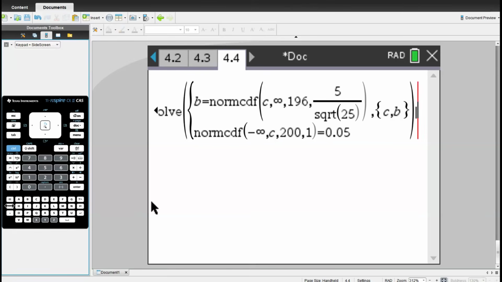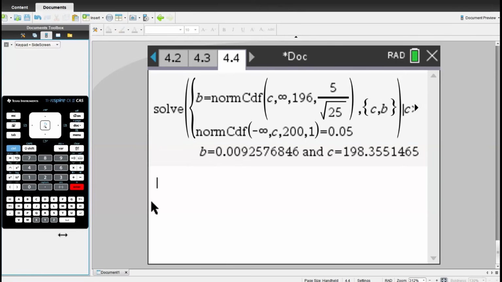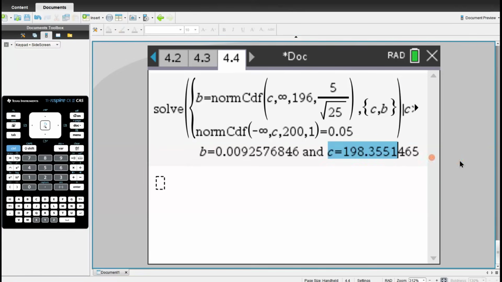And I can apply a domain restriction C is greater than 0. Control Enter. We can actually solve for the critical value and also the type 2 error probability in one line of calculation.